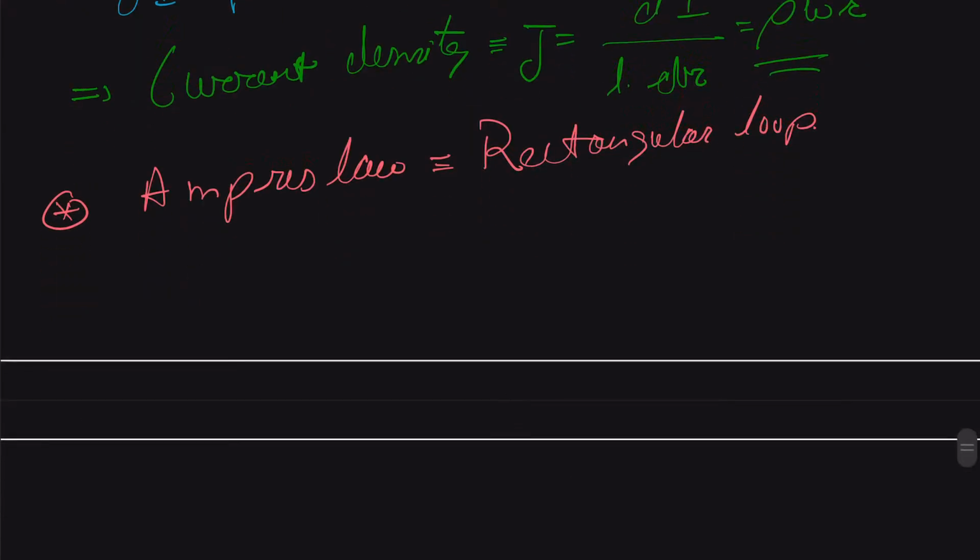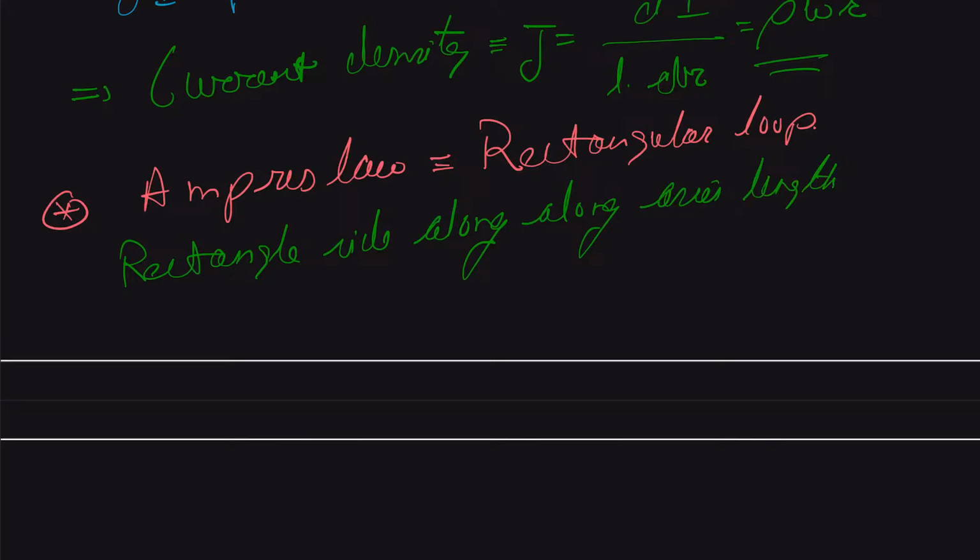And for this rectangular loop, we consider its side along the axis, length L, and at a distance R, which is greater than the radius of this cylinder.